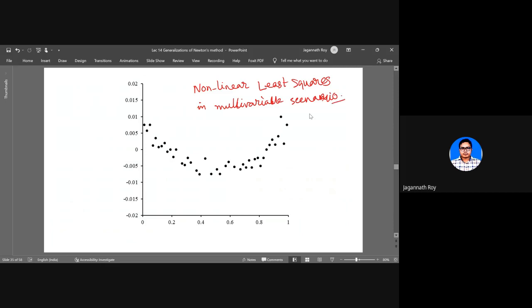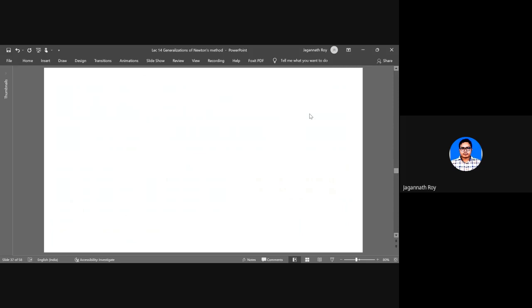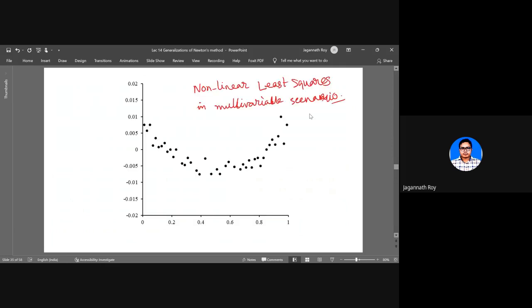So we'll discuss it in more detail in the next class. As you can see, if you try to find the best fit, you may get this form. So this is one kind of parabola, ax square plus bx plus c kind of parabola.